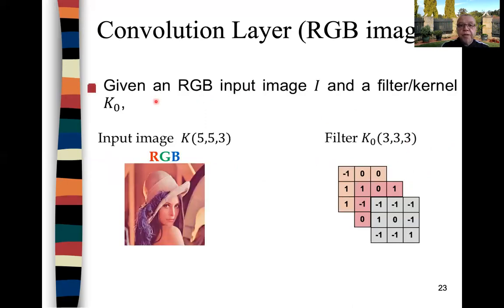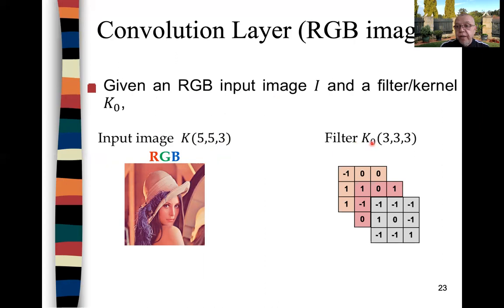Now, if you're given an RGB input image and a kernel filter, your RGB has 3 channels: the red channel, the green channel, and the blue channel. Let's say you want to convolve it with a kernel. So this is a 5 by 5 image with 3 channels, so each channel has a 5 by 5 image.